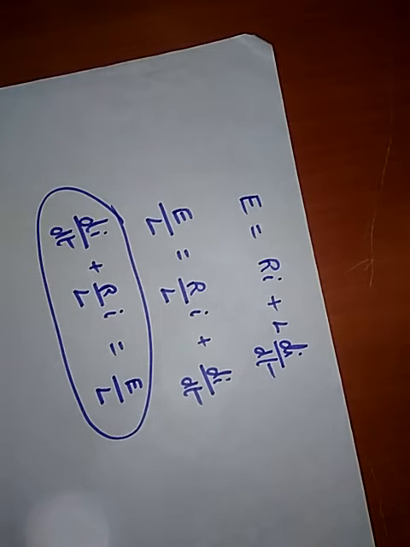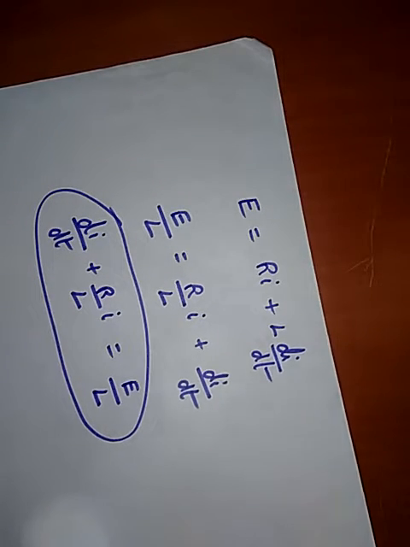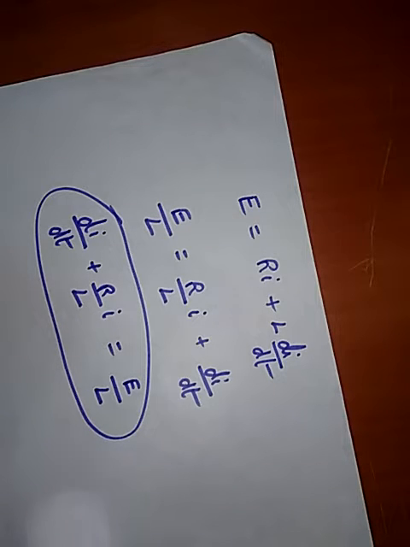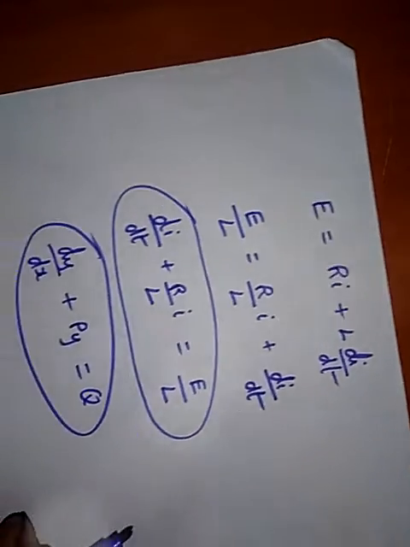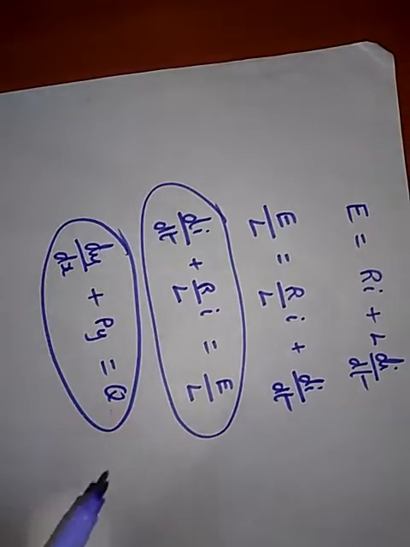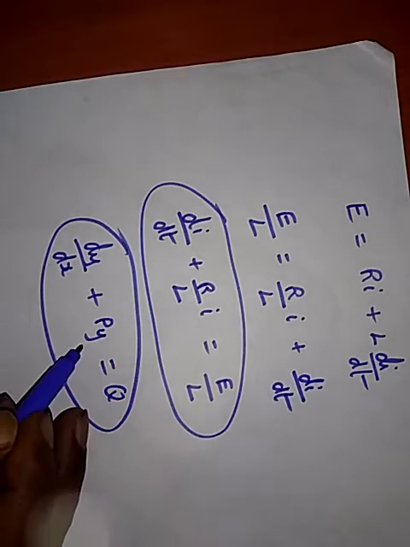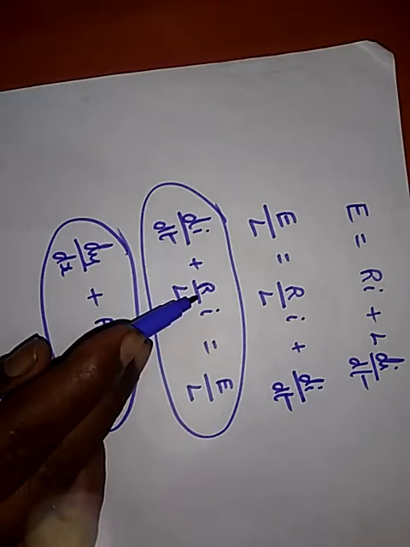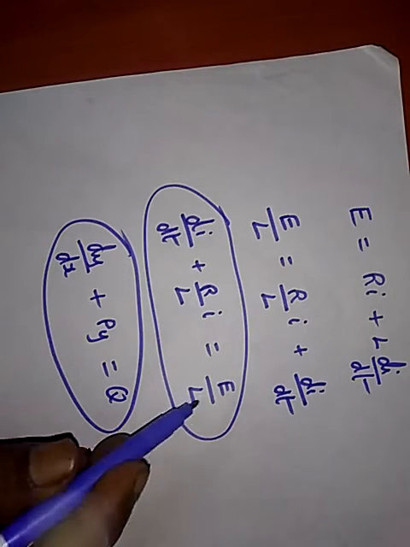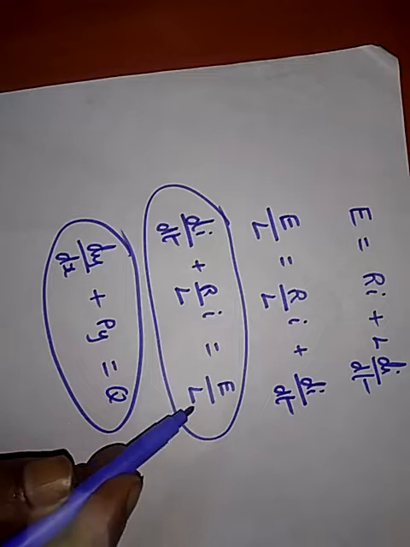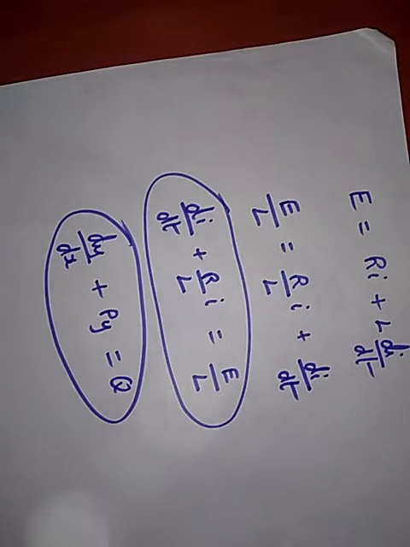Just carefully watch this function. This is of the form dy by dx plus py is equal to q. Here dy by dx is di by dt, and y is I. The value of p here is R by L and the value of q is E by L. Both are constants.